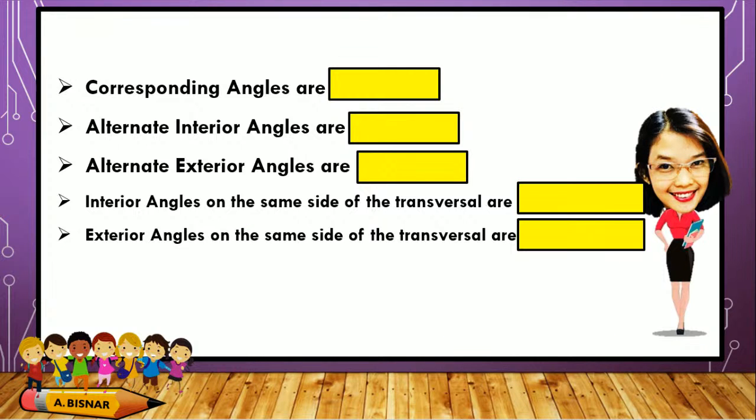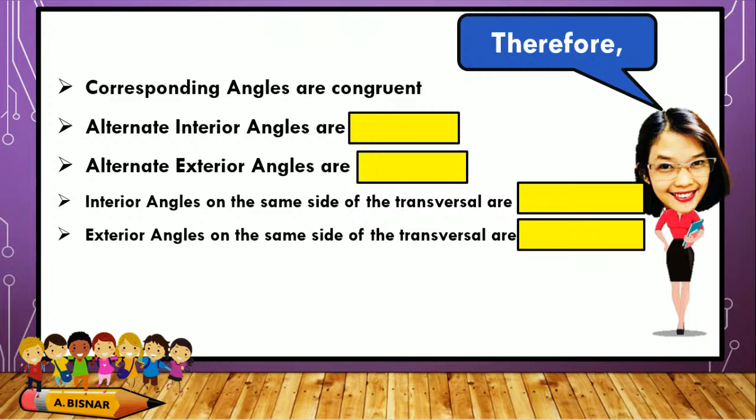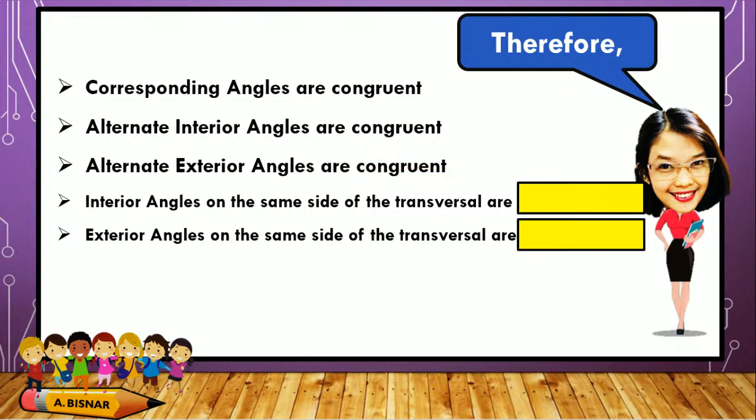Okay. Corresponding angles are congruent. Alternate interior angles are also congruent.